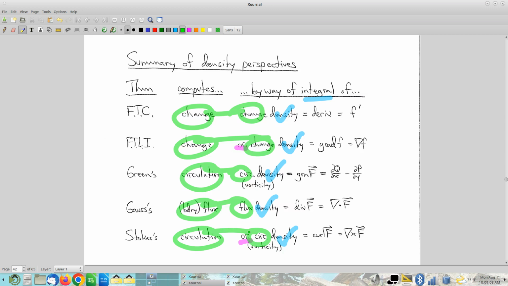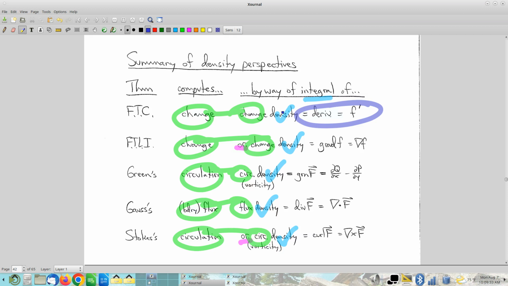Okay. All right. So really, the main distinctions between these theorems is what these resulting densities are. Change density in the single variable context is just a derivative. And again, I really like this idea that in some sense, this is kind of the seed from which all the rest of this grows, right?